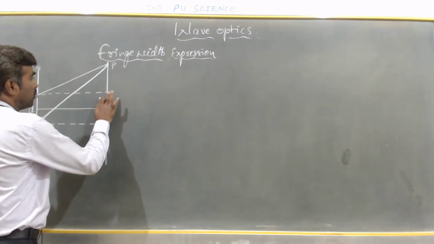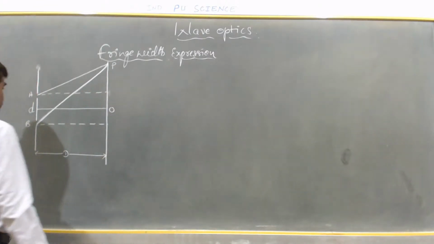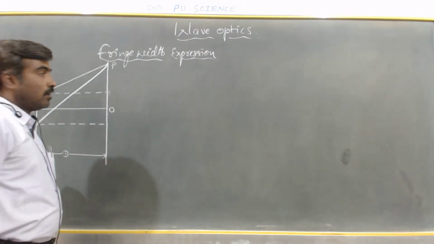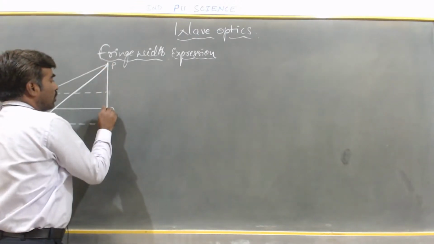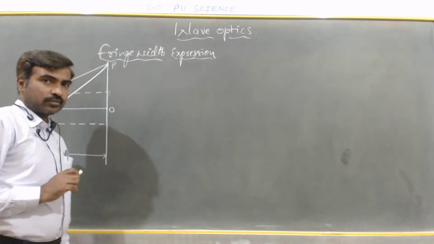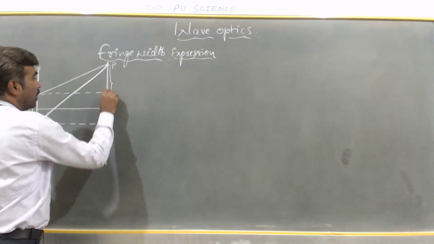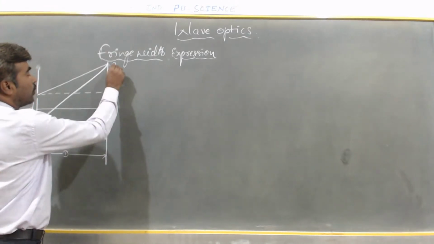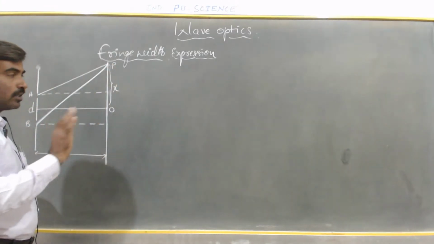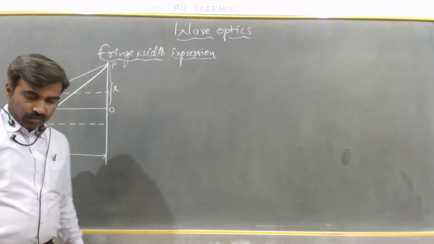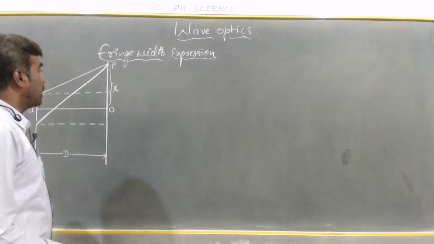One more point we discussed in the previous class is that the point O represents the central bright fringe. The very next fringe is at a distance of x at point P. Like that we have assumed with respect to the bright and the dark fringe concept.